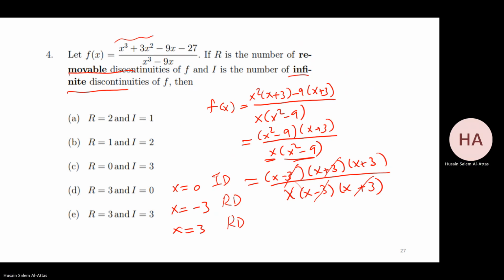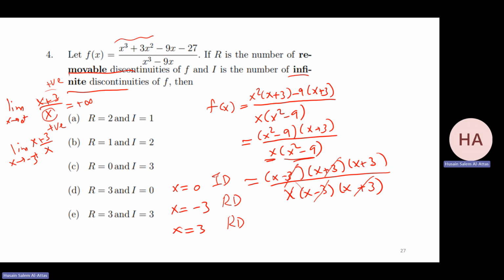Now, do it through the limit. Limit as x goes to 0 from right. All of these cancelled, so I have x plus 3 over x. That's very clear. It will be what? This is positive. It will be non-zero over 0, so it's in the infinity category, and this is positive, so this will be plus infinity. Limit as x goes to minus 3 from right of this x plus 3 over x.